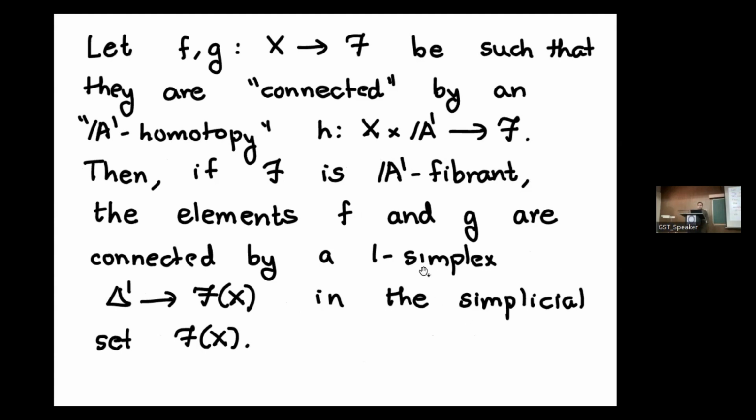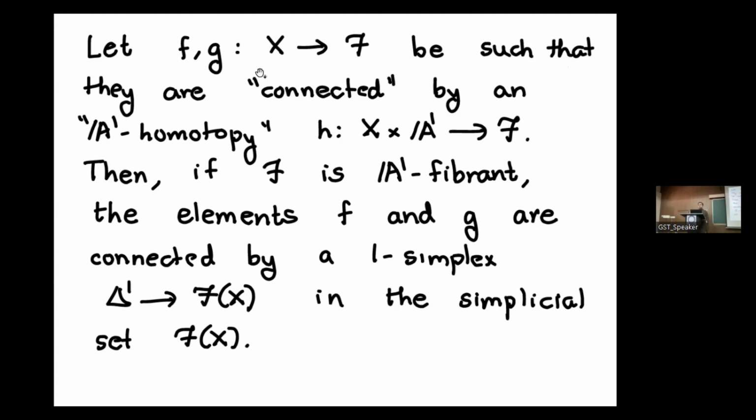So further, let us see what happens. Suppose f and g are two morphisms from a variety X into F, and suppose they are connected by an A1 homotopy. Again, I'm skipping writing down an explicit definition of what I mean by A1 homotopy, but you know what it means: there is a morphism from X cross A1 into F such that if I restrict this to X cross 0, I will get f, and if I restrict it to X cross 1, I will get g.